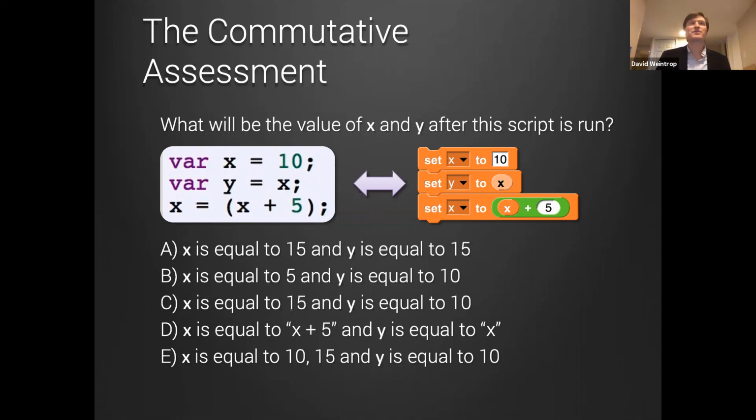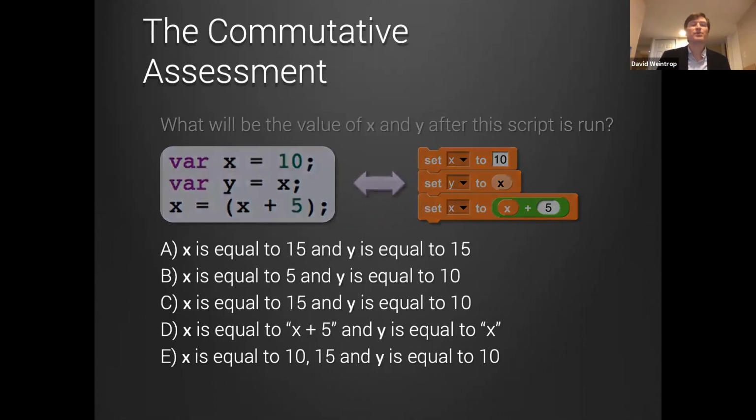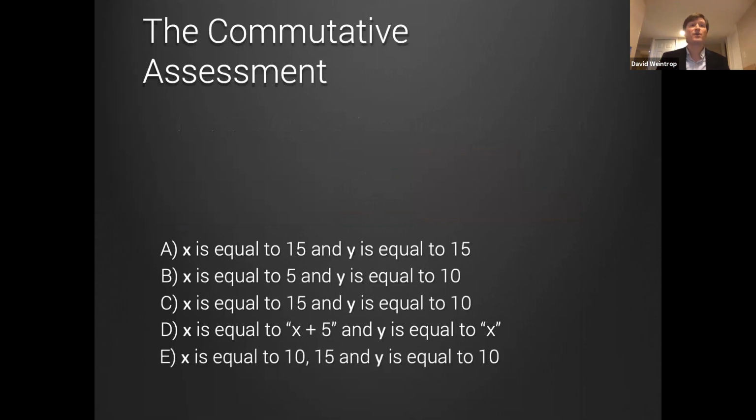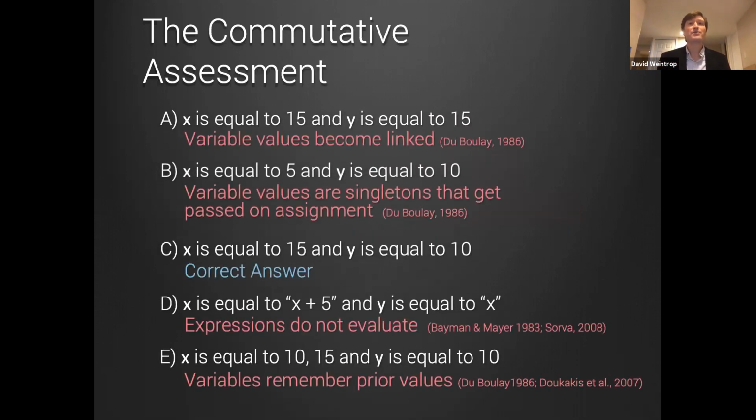And then the second piece of this commutative assessment that's noteworthy is, if we look at both the correct answer, which for the record is C, and the distractor options, I went through the literature to identify existing documented misconceptions around the topic being asked about, and made sure to include those as distractors.